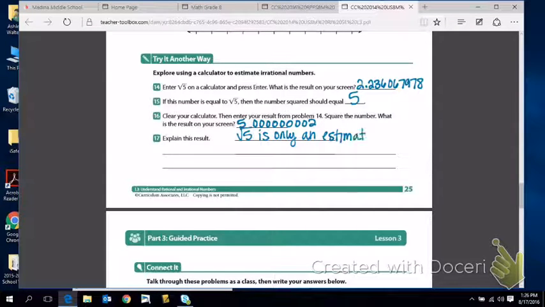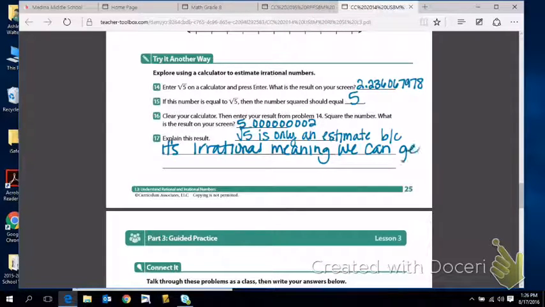Because it's irrational. And that means that we could get close to 5, but not exactly 5.